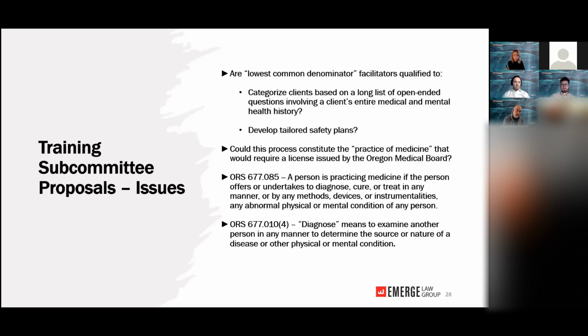And if somebody checks no, I guess you're okay. But somebody starts opening up about one thing or another and develop tailored self. Now I, as a facilitator, have to develop a safety plan, or if I'm going to lump somebody into a moderate risk, what am I going to do there?